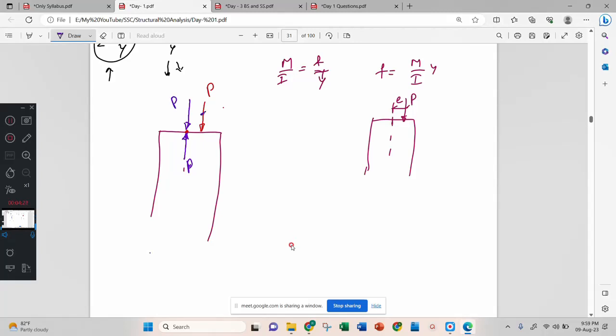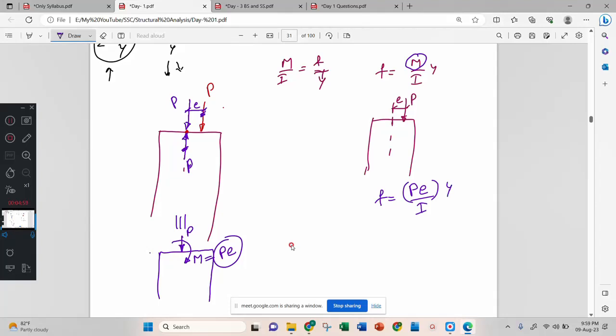Now this P and this P will make a moment with eccentricity E. The result of this diagram will be one P and another moment. This moment is how much? That is your P into E. That P into E I will substitute here. That is F equal to P into E divided by I into Y. This Y and I came from where? Bending equation. Correct? I is the definition, I will tell later.